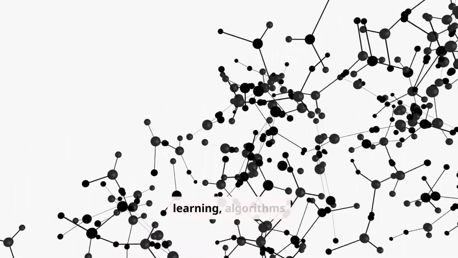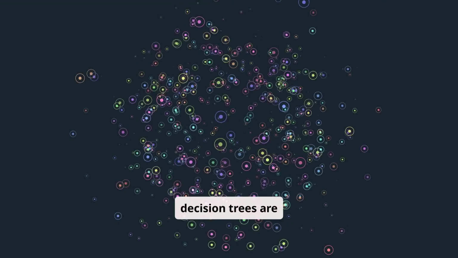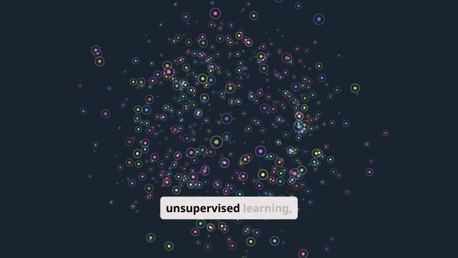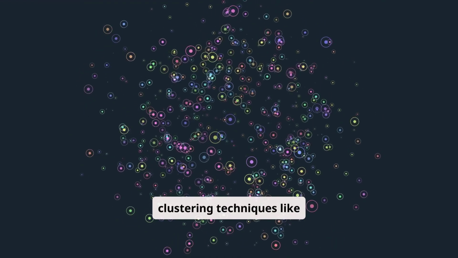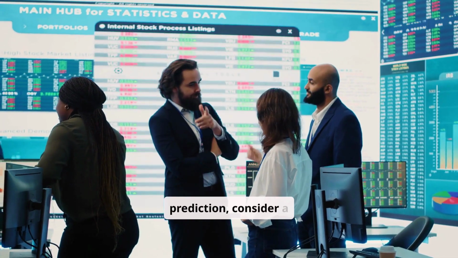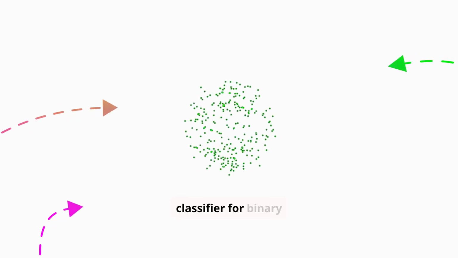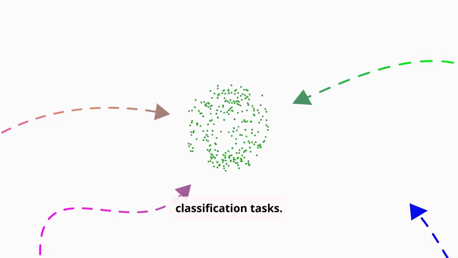For supervised learning, algorithms like linear regression or decision trees are common, while for unsupervised learning, clustering techniques like k-means are used. For customer churn prediction, consider a logistic regression model or random forest classifier for binary classification tasks.